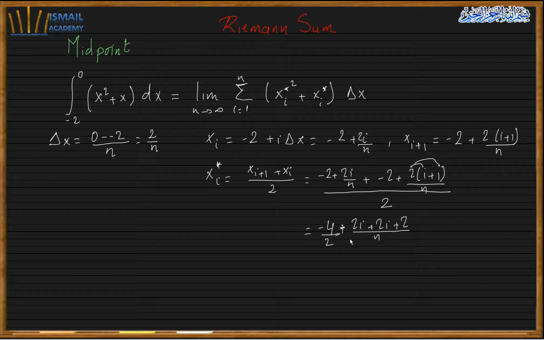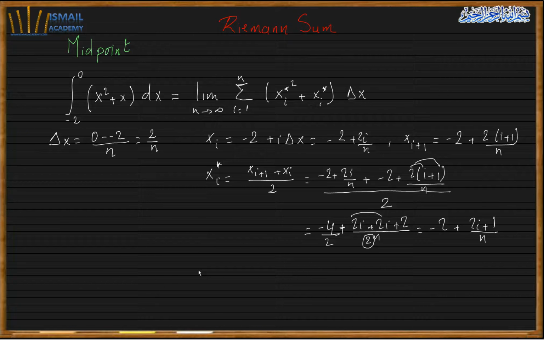So if I divide by 2 here, it's going to be minus 2, and here is going to be plus 2i plus 1 over n. So what I did here, I combined those, so it's going to give me 4 divided by 2, I divide by 2 to get my 2i, and here is going to be 2 divided by 2, which is going to be 1, but the n is still there for both of them. So this is going to be my midpoint.